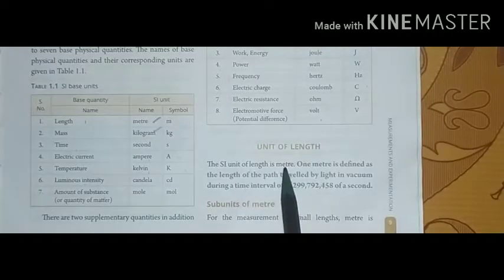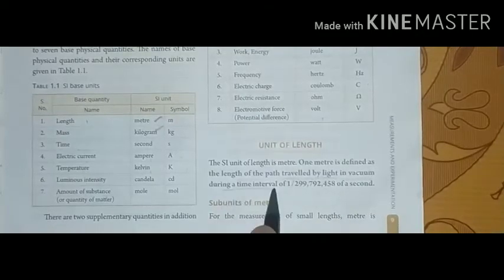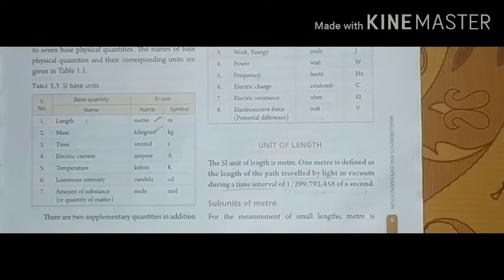The SI unit of length is the meter, and 1 meter is defined as the length of the path traveled by light in vacuum during a time interval of 1 by 2 crore 99 lakh 79 thousand 2 hundred 58 of a second. Remember this one.